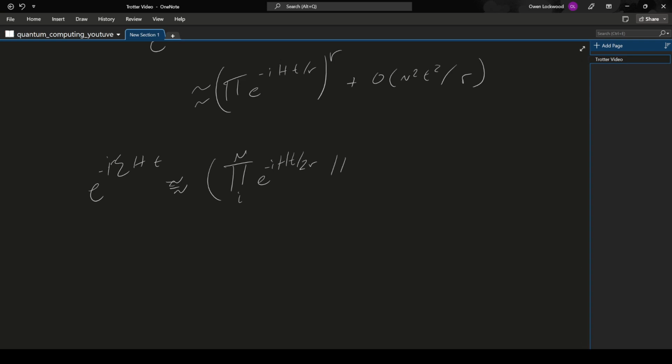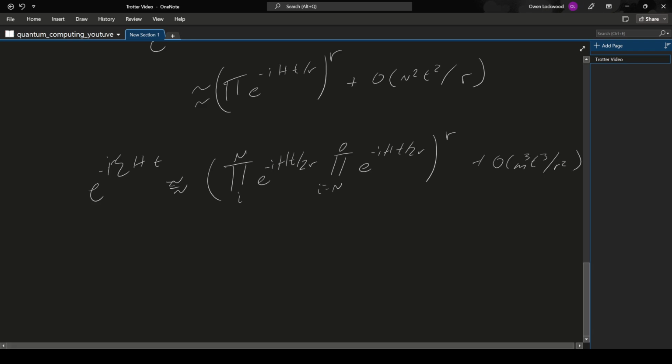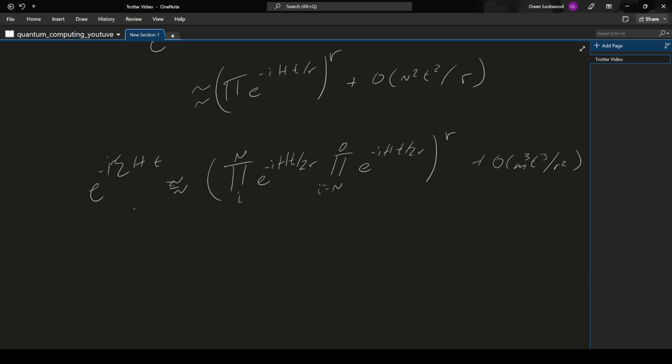And this time the reason you'll see is we have i equals n to 0. So this is the reverse. e to the negative i h t over 2r, to the r. And this scaling has m to the third, t to the third over r squared. So that's what's called the second order.